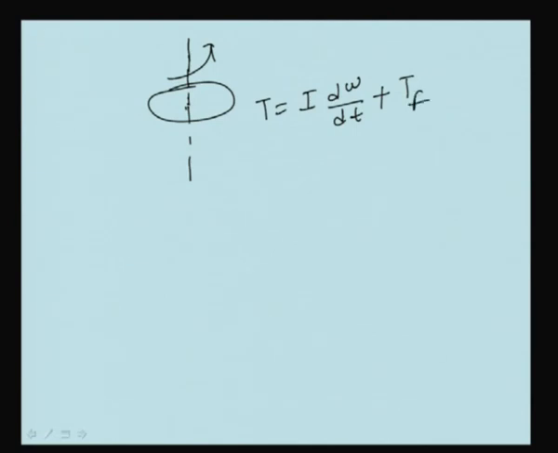Suppose you take a disc, this disc is rotating on the bearings. In this case T is equal to I d omega by dt plus Tf, where Tf is the friction torque.